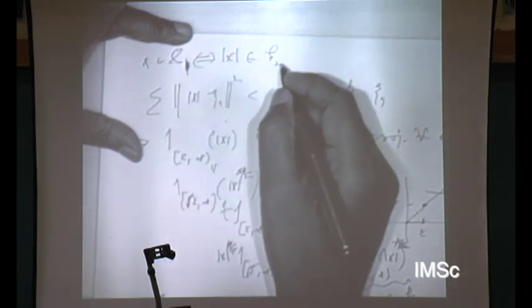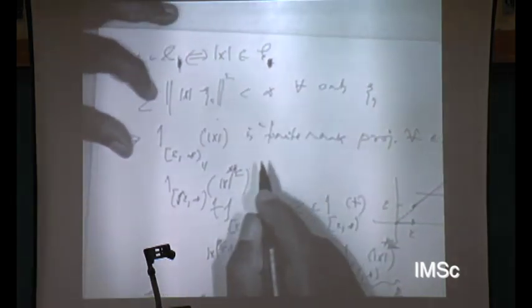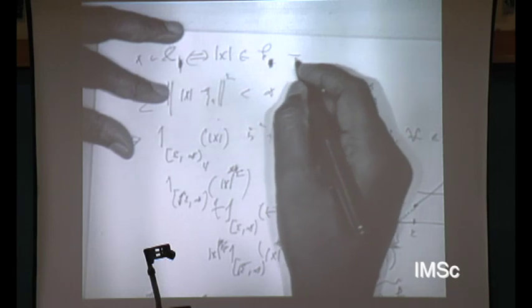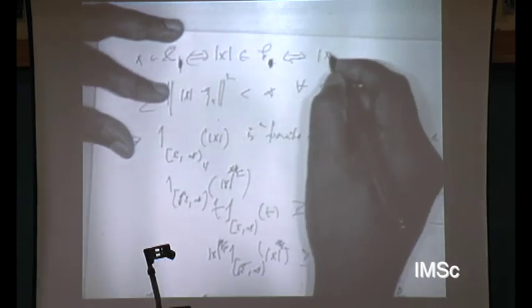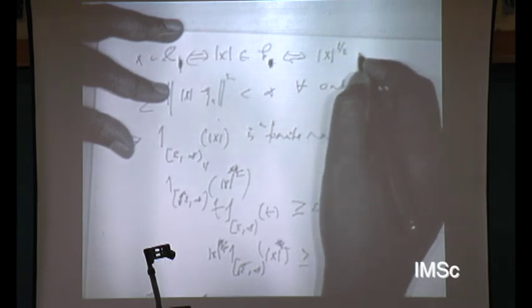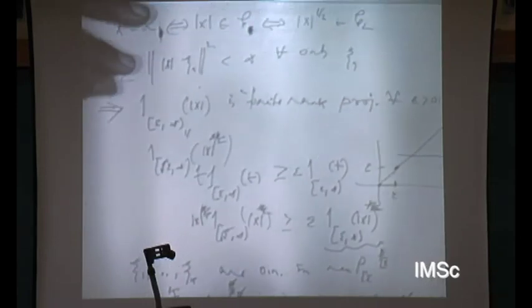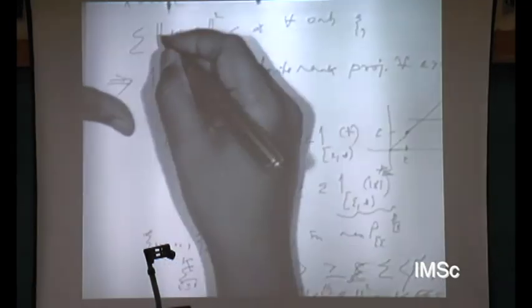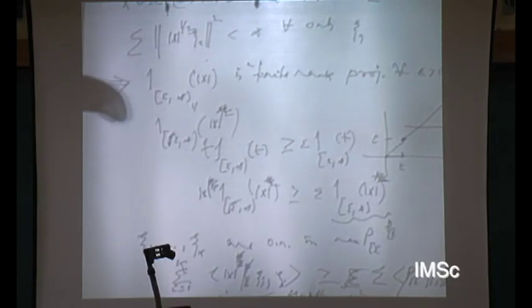Then the square root is in C2, then mod x to the power half is in C2. And that means the summation of mod x to the half applied to e n, squared, is finite.